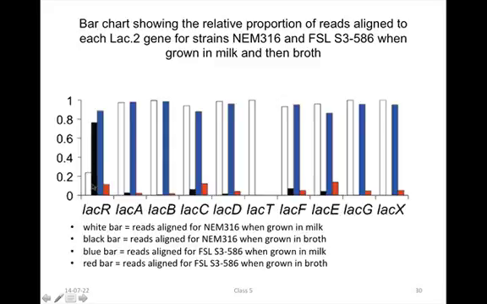And look at this for the LAC-R for NEM 316, there is. And actually for all of the other genes, it's different between milk and broth for NEM 316. So in broth, you don't get the upregulation of those genes, but in milk you do.